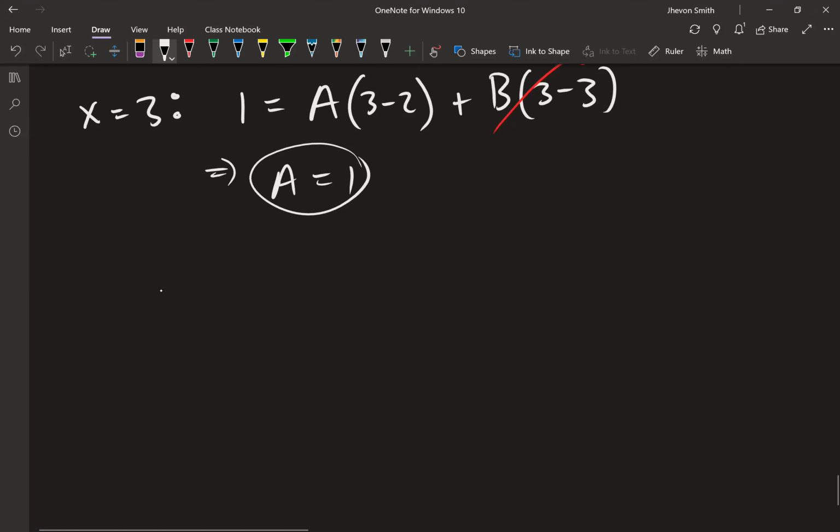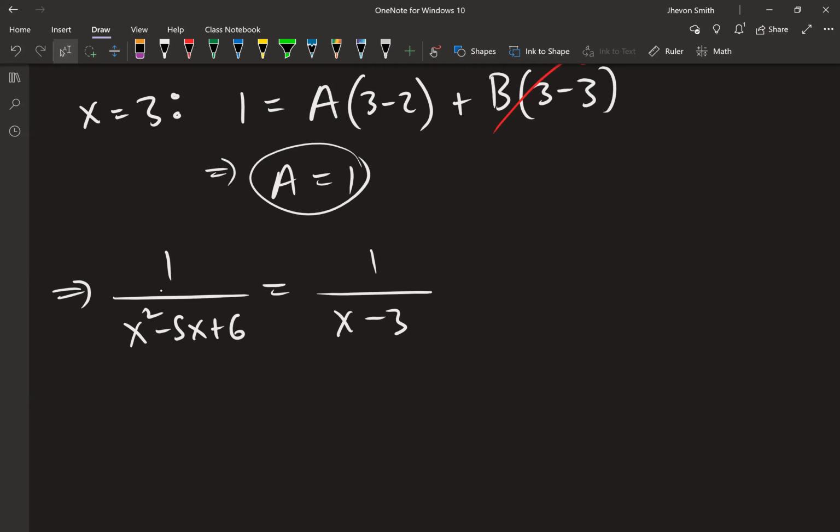And so this would mean that my 1 over x squared minus 5x plus 6 is equal to 1 over x minus 3 minus 1 over x minus 2. This here is the a, right?